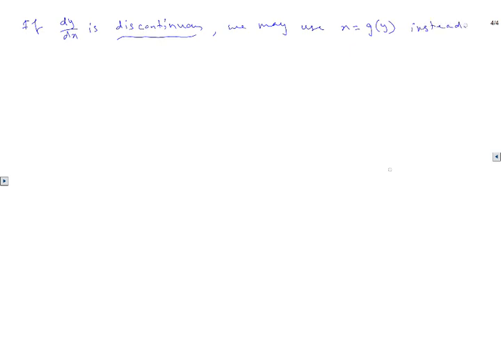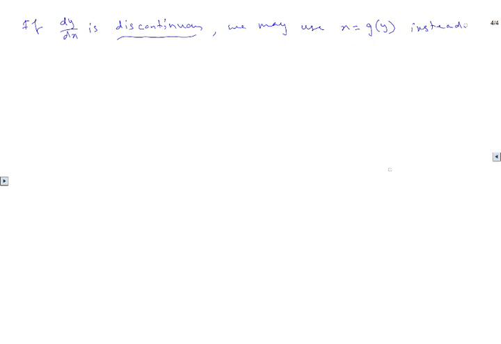If dy over dx is discontinuous, we may use x equals g(y) instead. Okay, sometimes that may work.